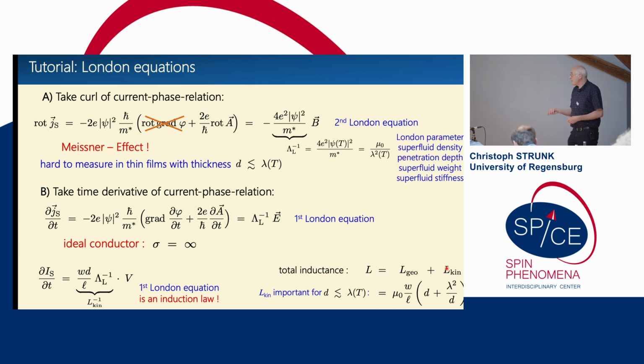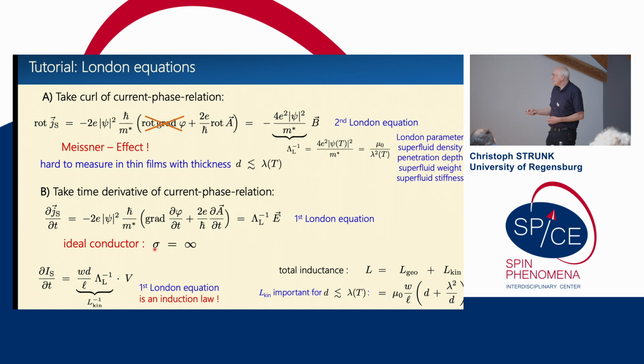And that means, in fact, this relation here tells us we should not look at the real part of the resistance, but at its imaginary part, which is inductance, to characterize a superconductor, and the characteristic then is indeed the superfluid density, if you wish.